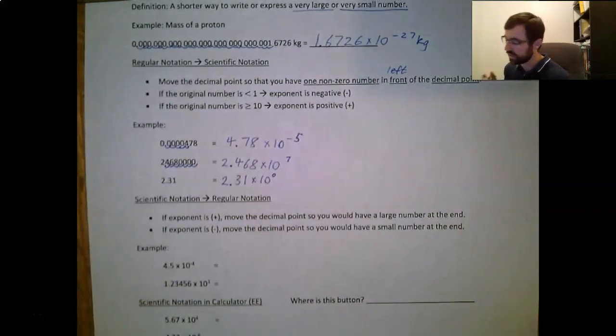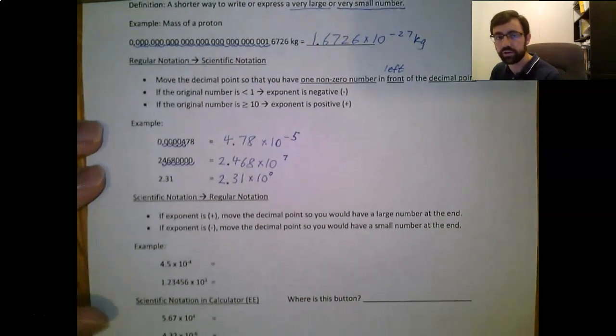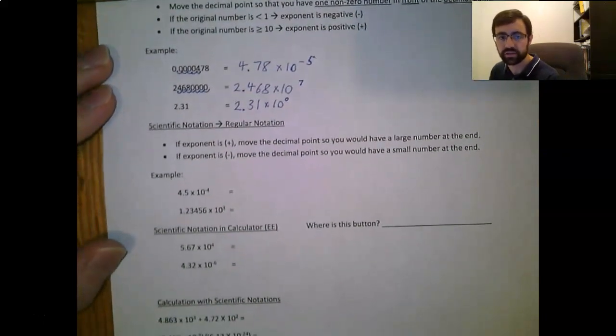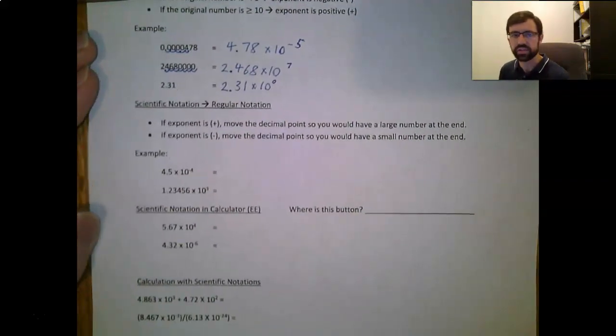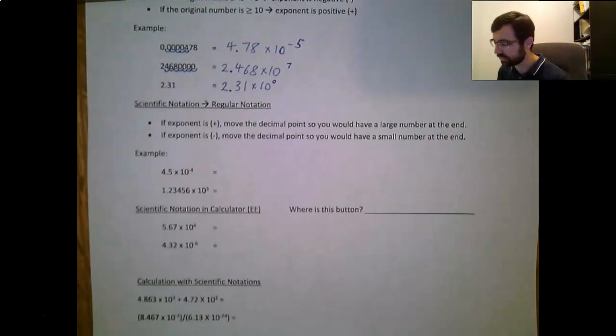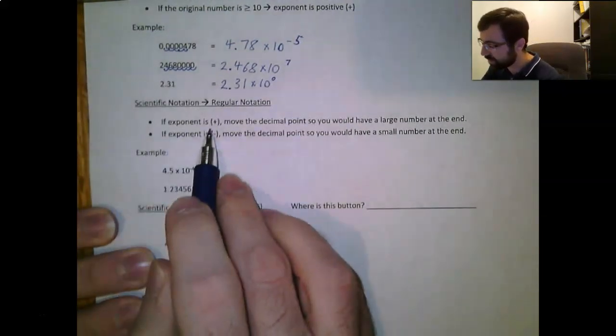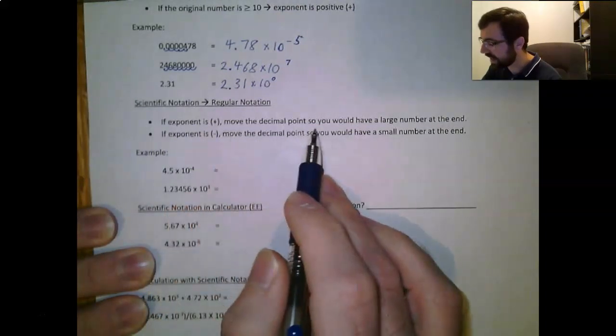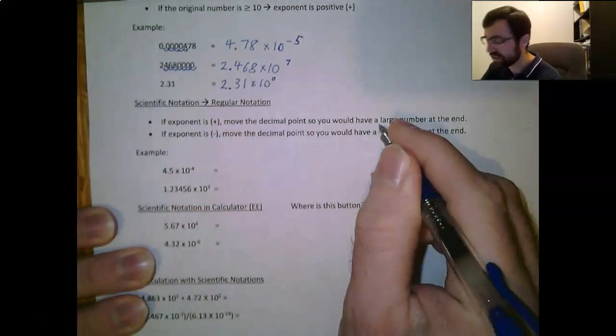All right, let's learn how to do it in the opposite direction, going from scientific notation to regular notation. Sometimes we're going to give it to you in scientific notation and you have to turn it into regular notation. So it gives you some instructions here. If the exponent is positive, move the decimal point so you would have a large number at the end.